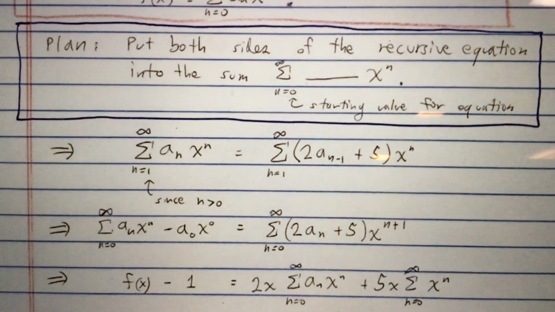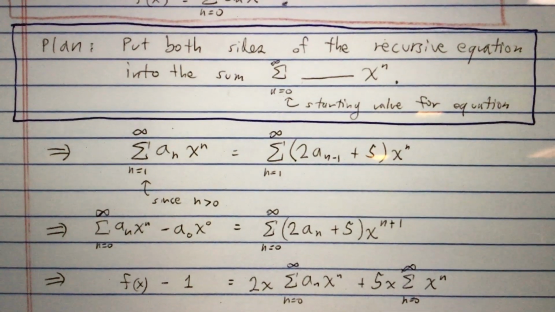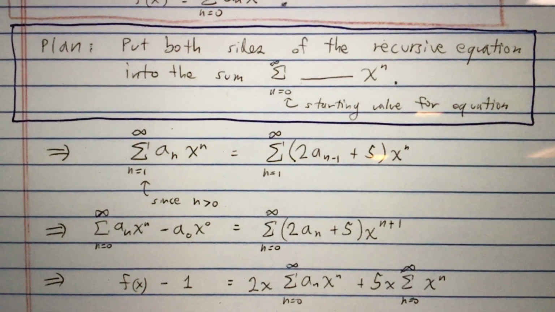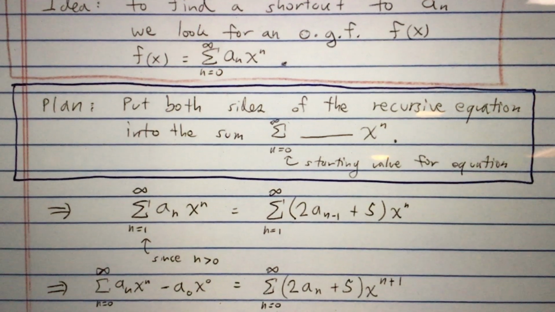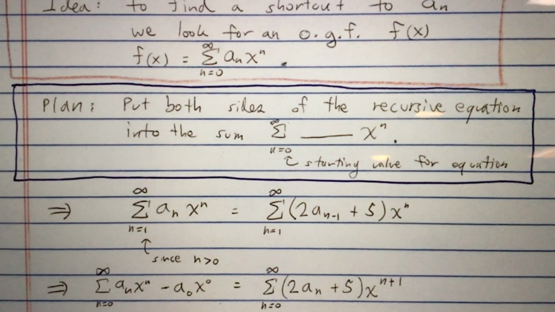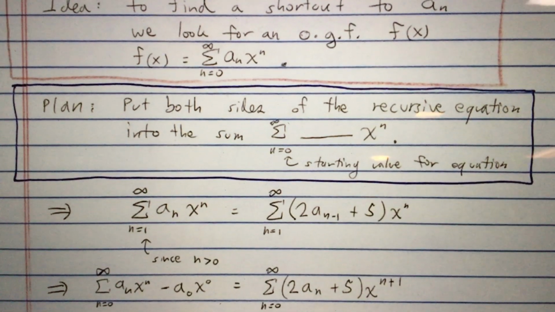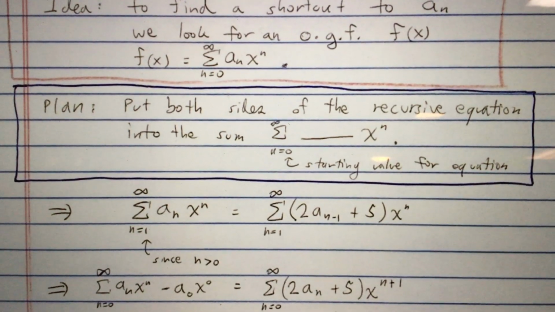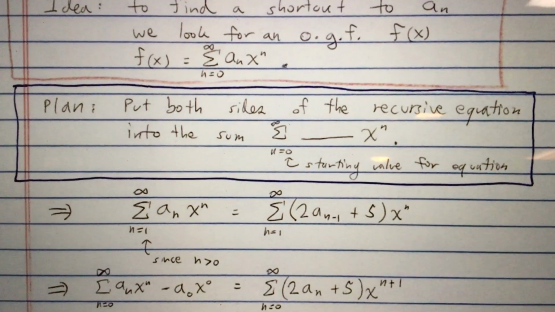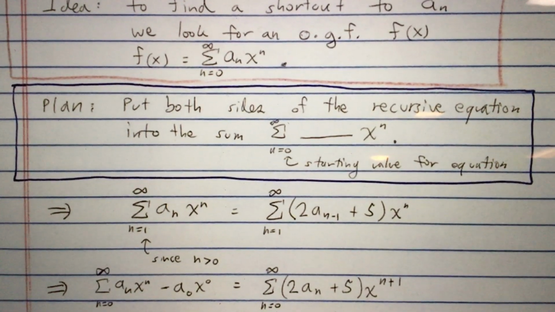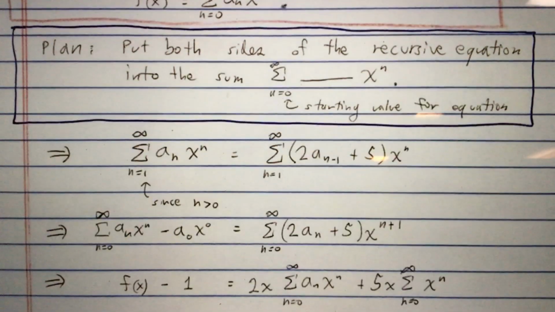First of all, looking ahead a tiny bit, let's look back up at the definition of an ordinary generating function. The goal is to pull out and algebraically separate pieces which we recognize. And one of them is the summation n equals 0 to infinity a sub n x to the n, because then that's equal to f of x.